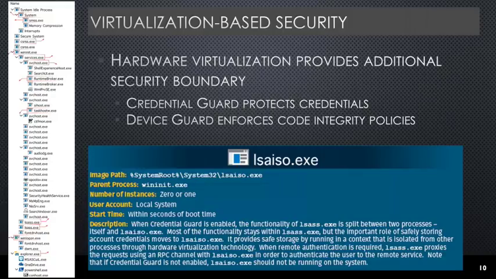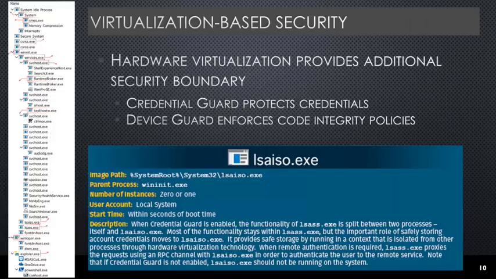LSASS becomes a proxy and handles incoming authentication requests, passes them to LSA-ISO, which takes an authentication challenge, answers it, provides the answer back to LSASS, which then finishes out the authentication. This is kind of cool. It's very helpful in safeguarding those credentials, keeping them in a protected container.